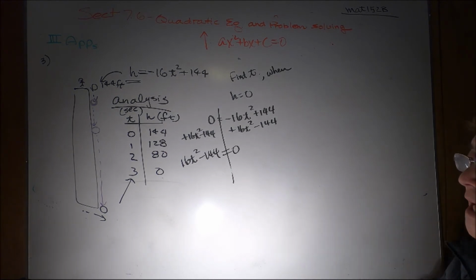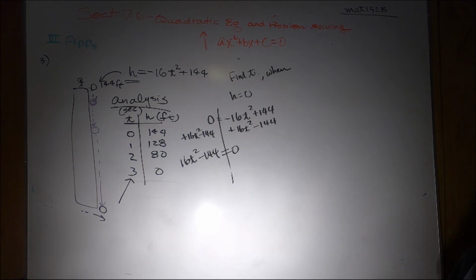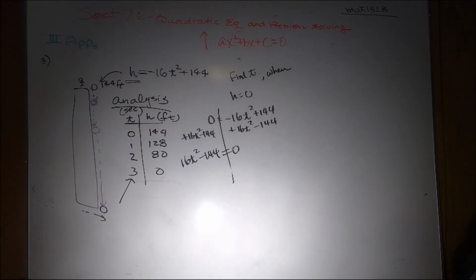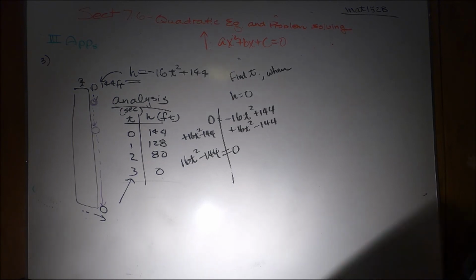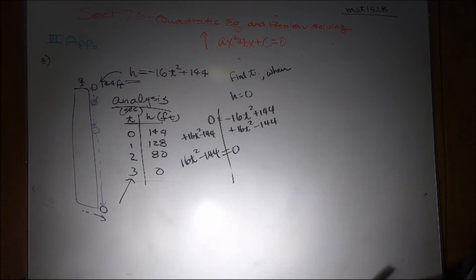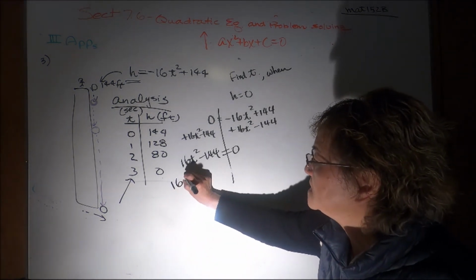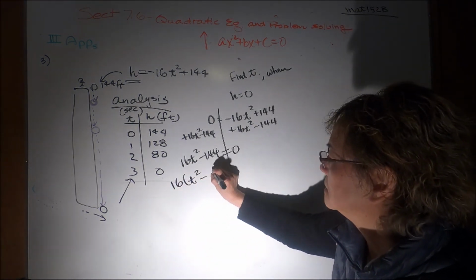Then we need to break it down, for a binomial, right? We can break it down by formula. However, to make it easier, what should we do? We should take out the GCF always.